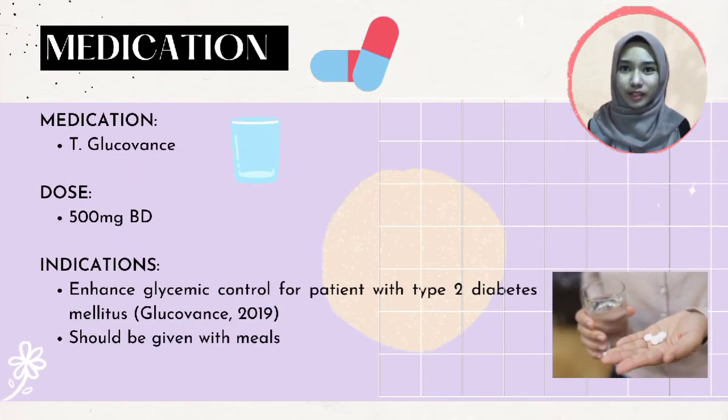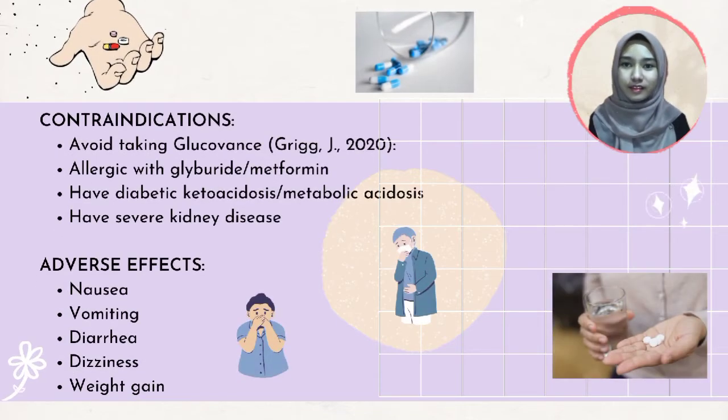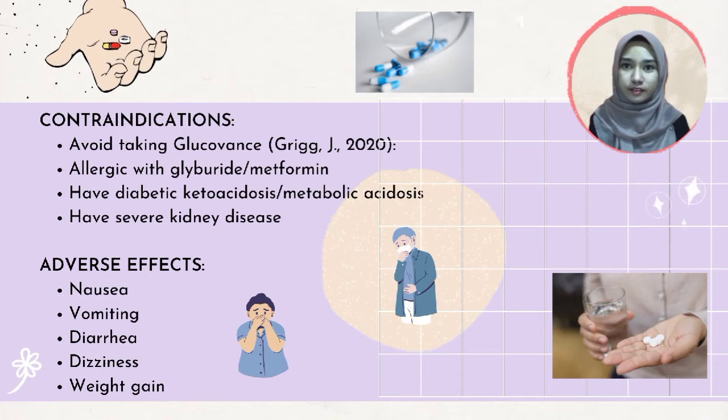Medication. Mr. PH is currently taking Glucovans 500 mg BD, which is twice a day. Indication. Glucovans can help to enhance glycemic control in patients with type 2 diabetes mellitus, and it should be given with meals. Contraindication. There are certain individuals who need to avoid taking Glucovans, such as those who are allergic to glyburide or metformin.